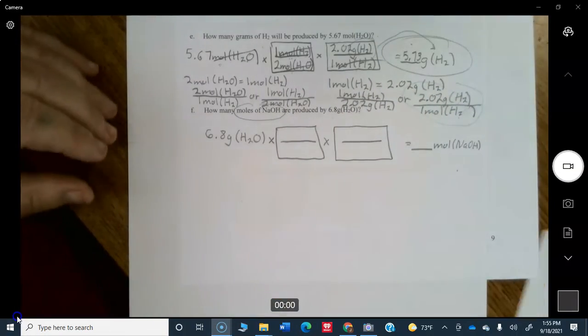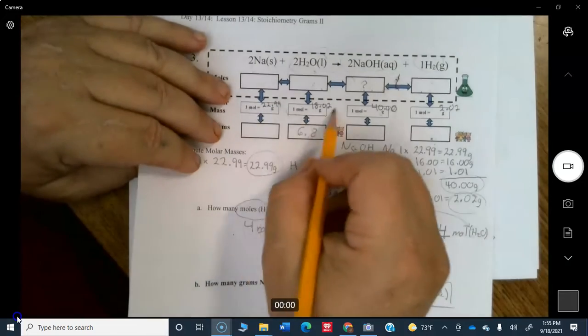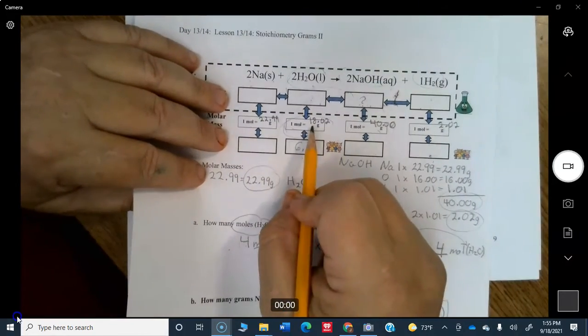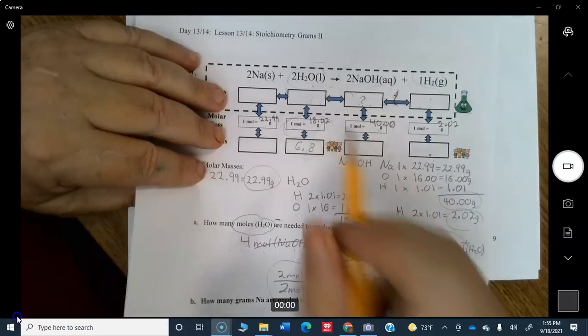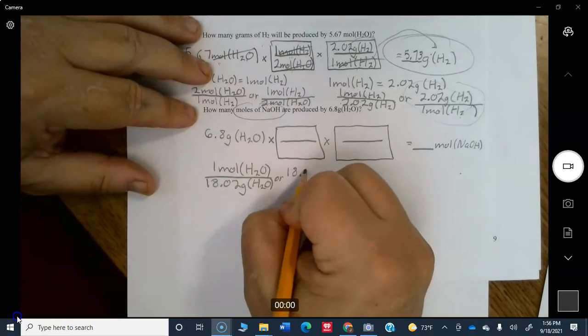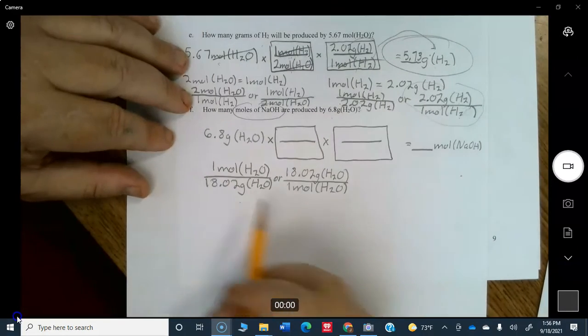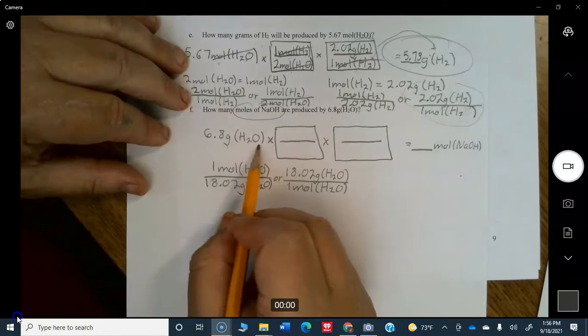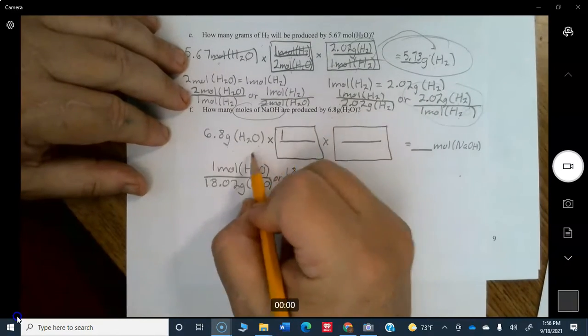Okay, first conversion is the molar mass right there. So 1 mole H2O equals 18.02 grams of H2O. So I'm just going to skip writing that part, and just go straight to the conversions. Okay, so which one goes in the box there? You need grams of H2O to cancel out, so it's going to be the first one, this one.